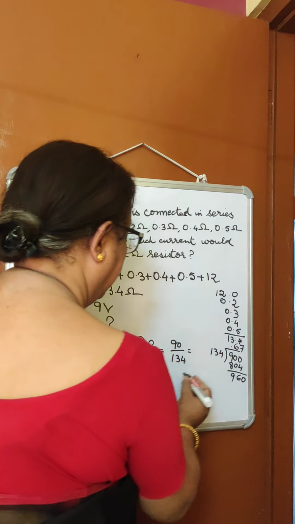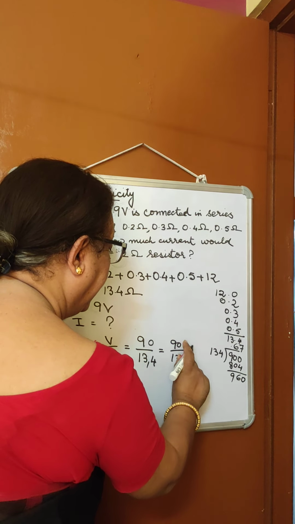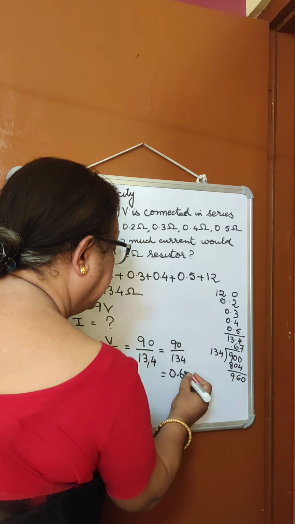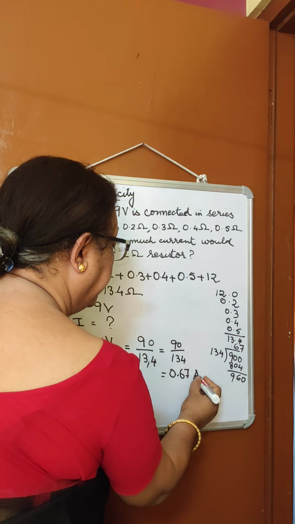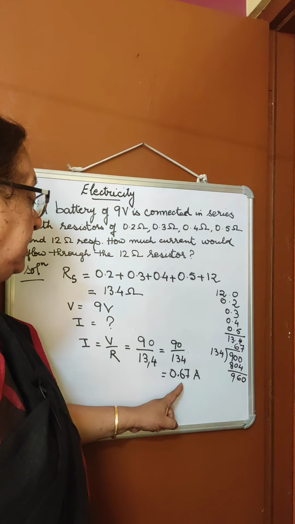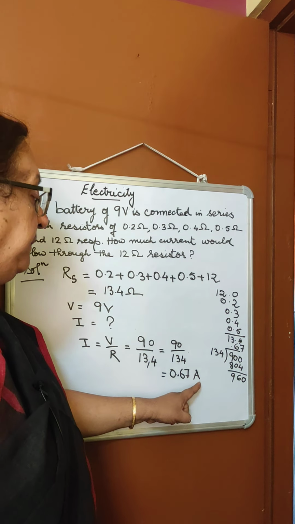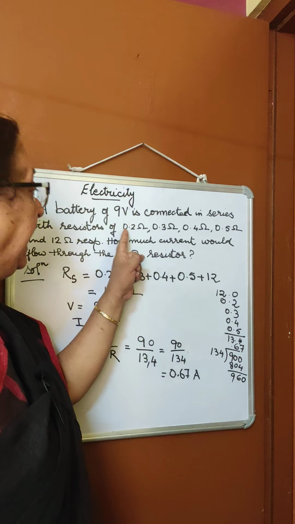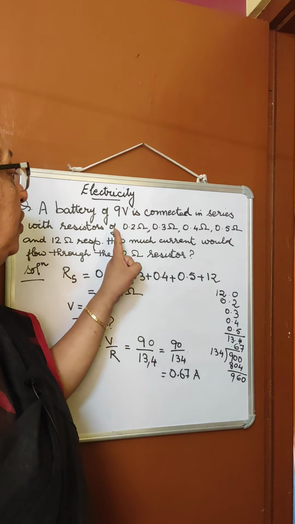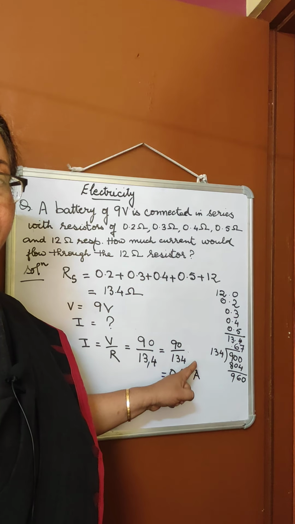On division you get 0.67 ampere. So the current flowing is 0.67 ampere. The same current would flow through all the resistors.